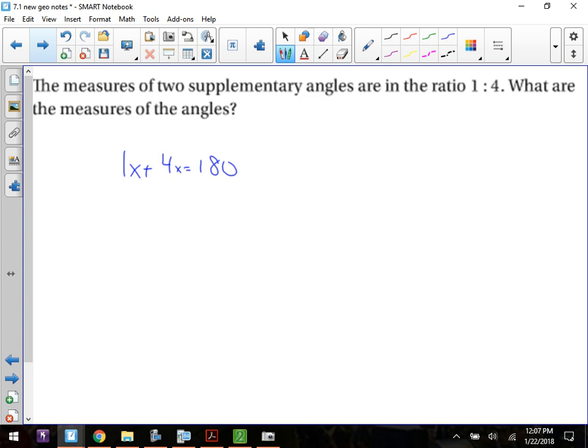And the only thing that would be different if this said complementary, they'd have to add up to equal how much, right? So whenever you're given this idea of ratios of angles, or later on ratios of sides, it works the same way. All you're doing is putting those numbers in, throwing a value of x next to them every single time. That doesn't change. It's kind of a nice thing.